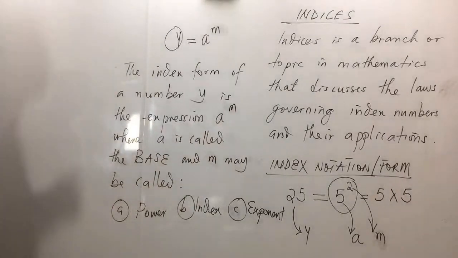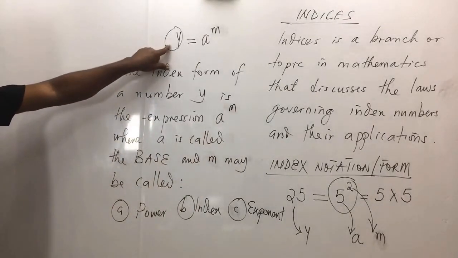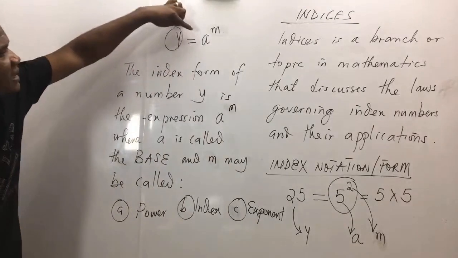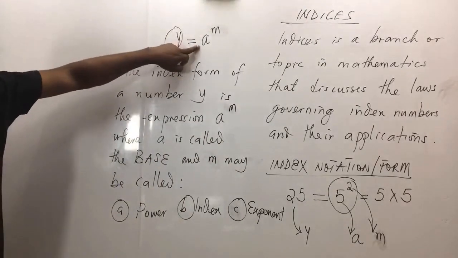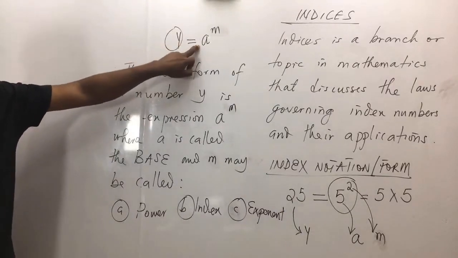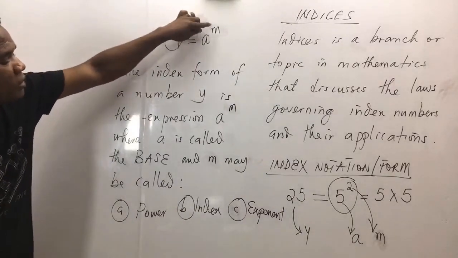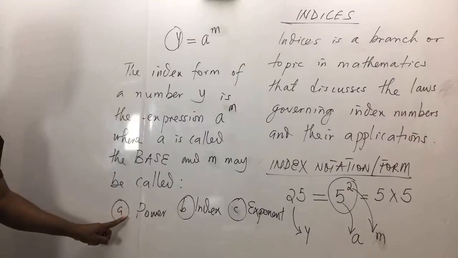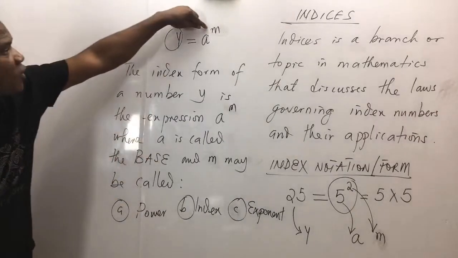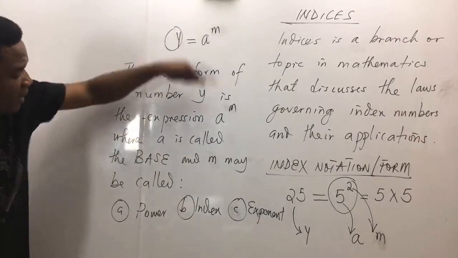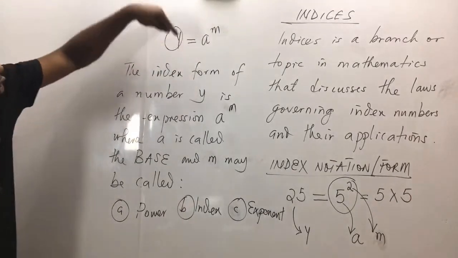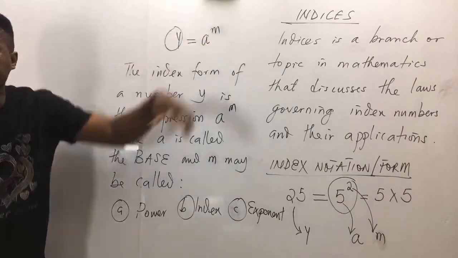So writing Y in its index form means writing Y as A raised to the power M, such that this A here is called the base, and the M is called index, or the M could be called exponent, or power.